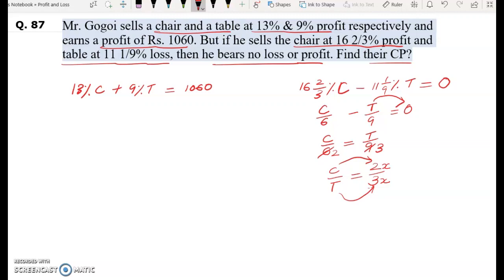Now what we will do, we have got the value of chair and table, which is 2x and 3x. We will put this value in this equation. Putting the value in equation 2.